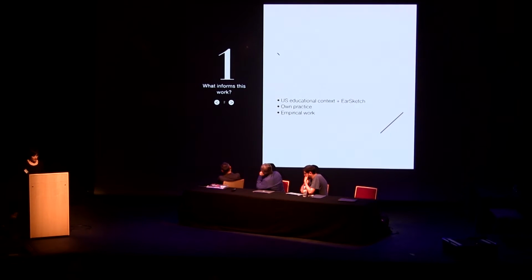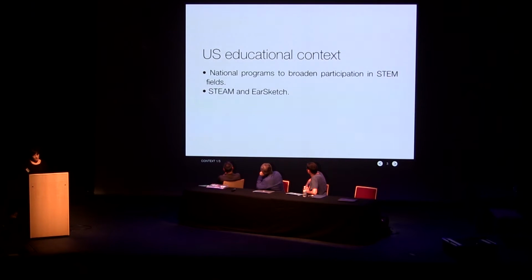So I would like to start by explaining what informs this work. It's basically the current US educational context in which the Your Sketch project that I will explain a little bit further sits, then my own practice, and then a little bit of empirical work. So there exist now a number of national programs that aim to broaden participation in STEM, standing for science, technology, engineering, and maths.